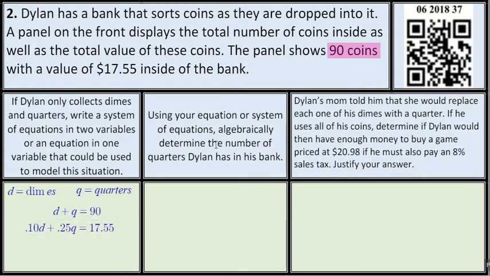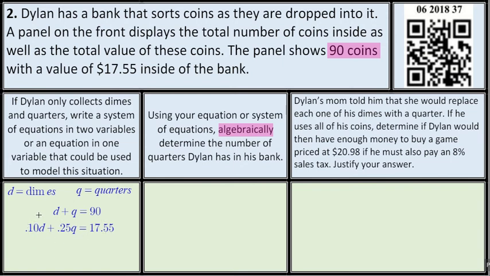Okay, so I want to solve this system algebraically. And this is one of the wrinkles where if you don't do the algebraic part, there is no way to get the full 6 points. So when I look at these 2 equations, the bottom one is kind of ugly, so I really don't want to mess with that.